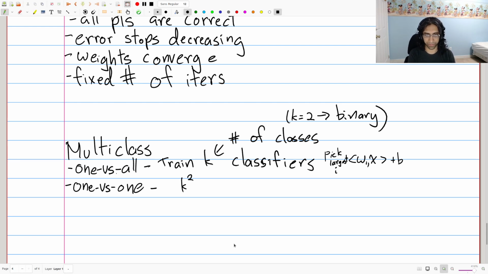That gives you a prediction whether it's going to be one or the other. Then for any new point, you run all of these K squared classifiers on it, and this time you pick the majority vote, in terms of which label is thought to win the most comparisons between two different labels. Again, that's a bit vague. I've been vague on both of the multi-class methods, but you can see more details written down in the readings.